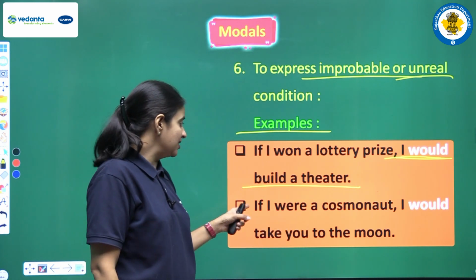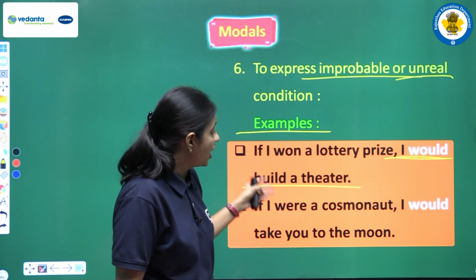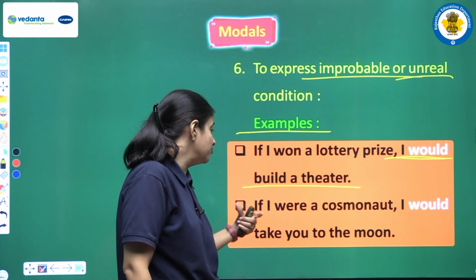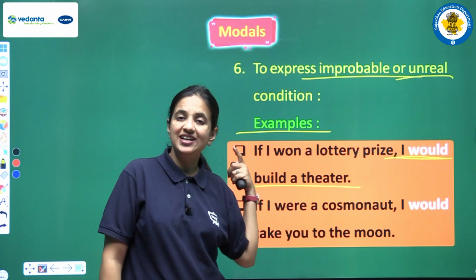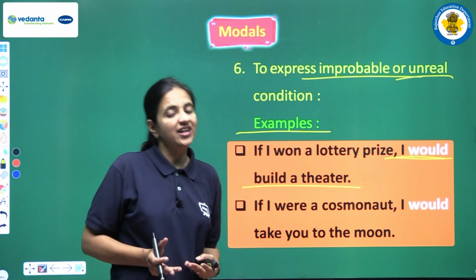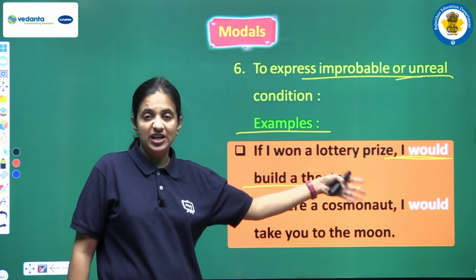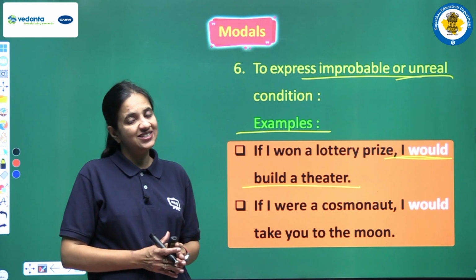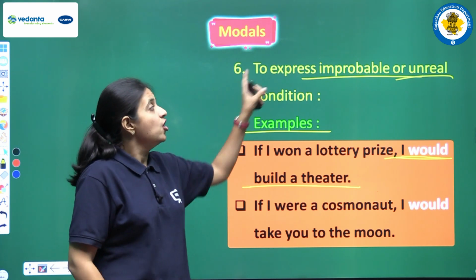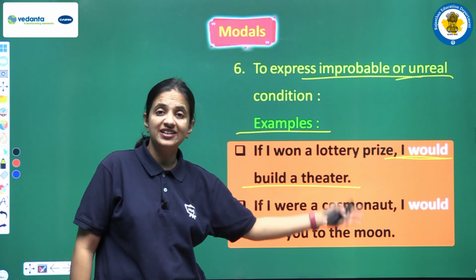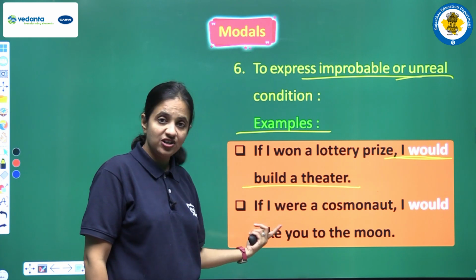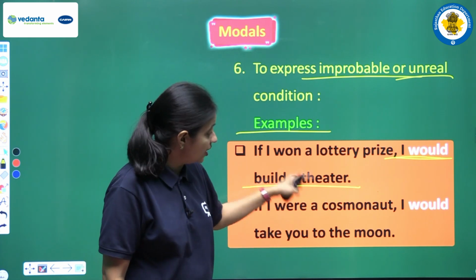Another example we have here is: if I were a cosmonaut, I would take you to the moon. Again this is our imagination. This condition is based on imagination only, and this is the reason it is a very unreal condition, or we can say an improbable condition. So we have our condition clause first, that is, if I were a cosmonaut.